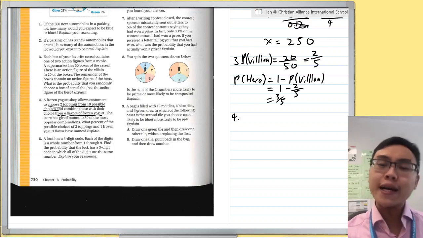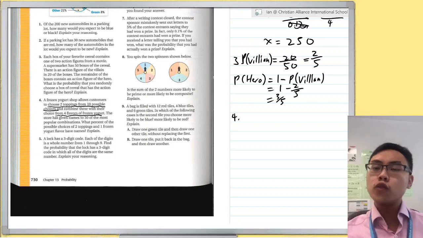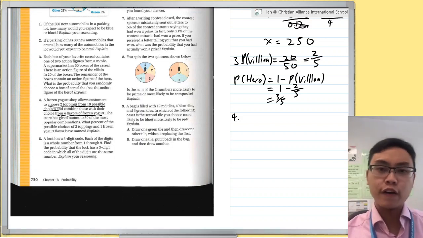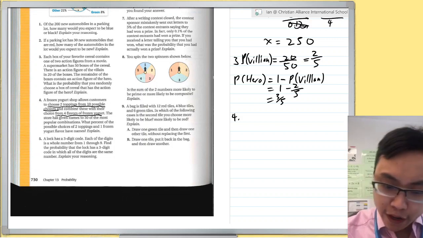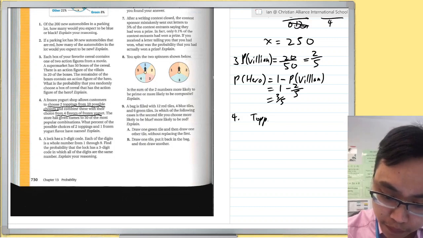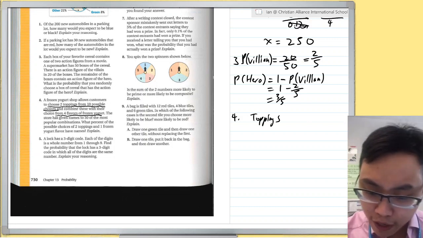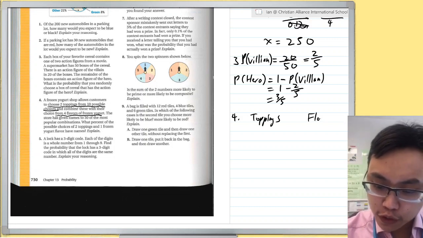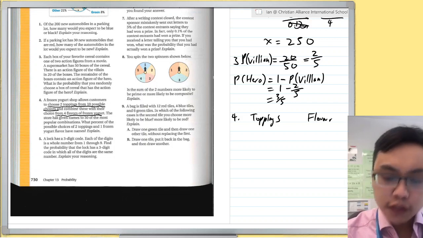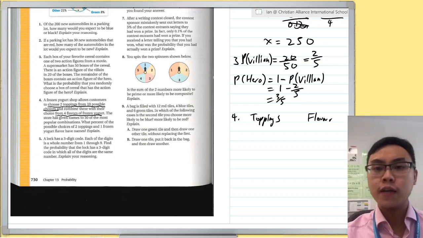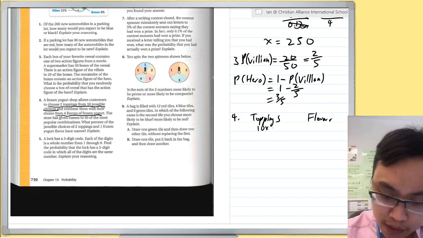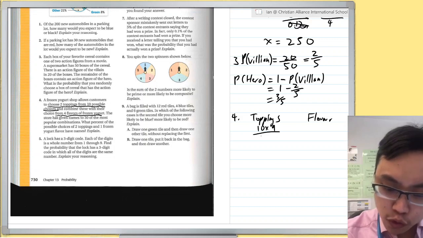So if we combine them all together, what are the total possible number of ways to make yogurt? So we have toppings over here, and then we also have flavor of the frozen yogurt. In terms of topping, we can choose 2 toppings out of 10. So it's going to be 10 times 9 divided by 2 times 1.